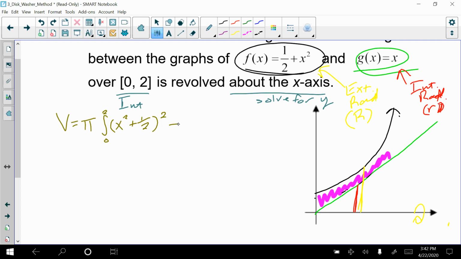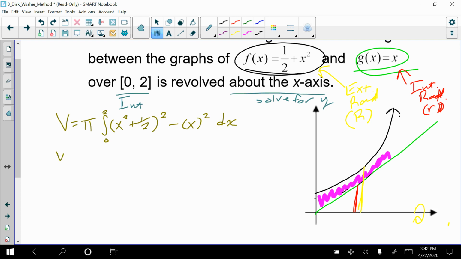And now we're going to subtract the interior radius, which is the linear function. So I'm going to say x squared, and the height is going to be the change in x, so that's the dx that represents the height. So volume is still equal to pi r squared times height, but the r squareds are going to be where our integration is taking place.